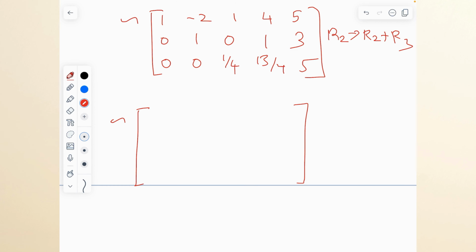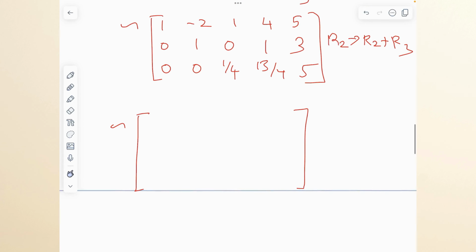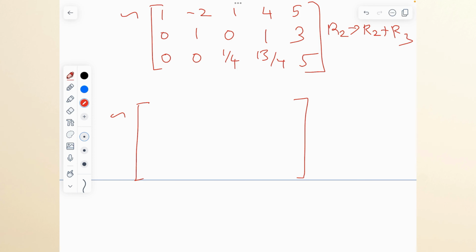Now to make the first row in the form of 1 0 0, what I am going to do is add to the first row 2 times the second row. Now our focus should be only on the first row. If you are adding R1 and 2 times R2, 1 plus 2 times 0 is definitely 1.